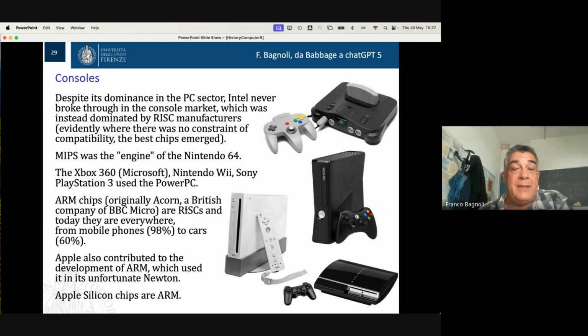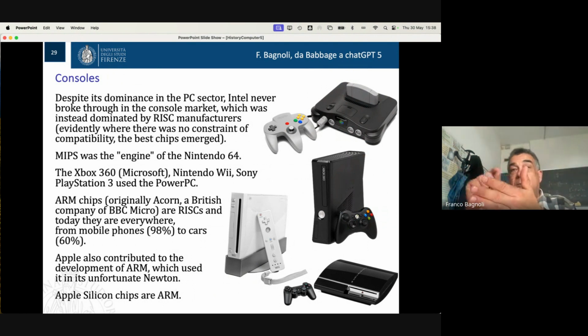If you remember, in Britain, Acorn saw a lot of chips and said, okay, we can replace all of them with just one custom chip. And so essentially this is the line. Clearly, Apple also invested in ARM at the end of the 90s. For instance, they developed a device called the Newton, which was a pad, like the iPad, essentially.